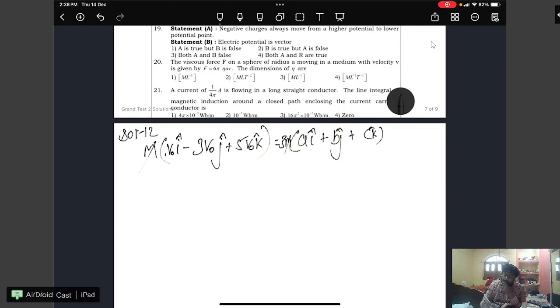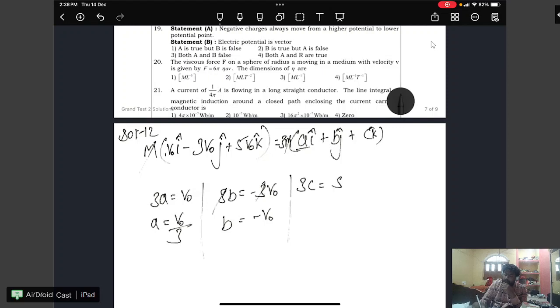So 3a is equal to v naught, i component. a is equal to v naught by 3. Now 3b is equal to minus 3 v naught, b is equal to minus v naught. And 3c is equal to 5 v naught, c is equal to 5 v naught by 3.